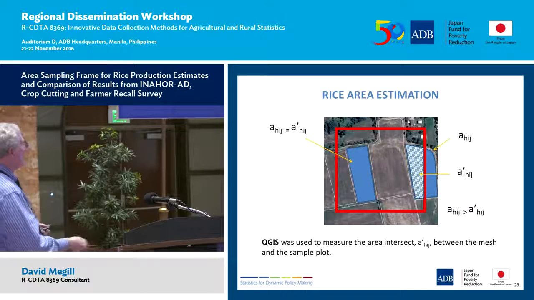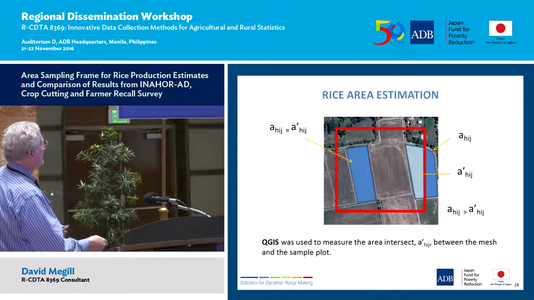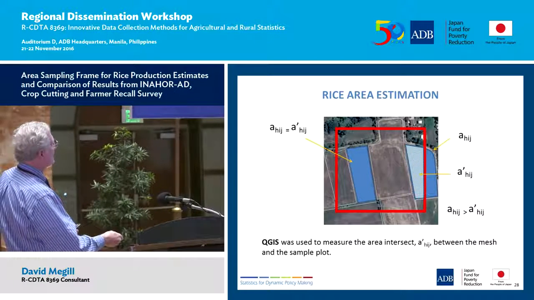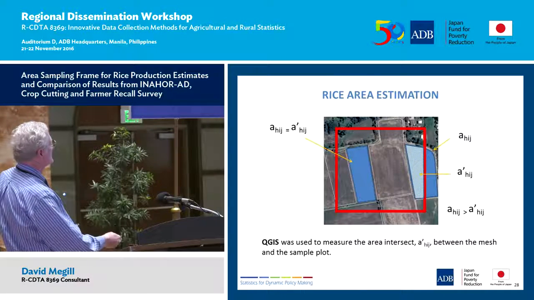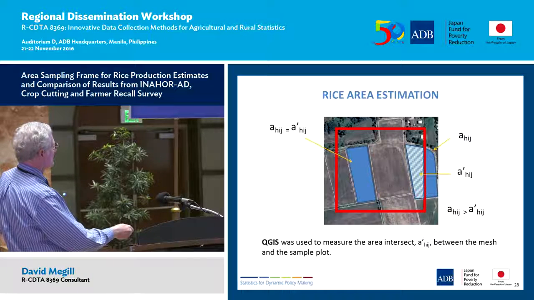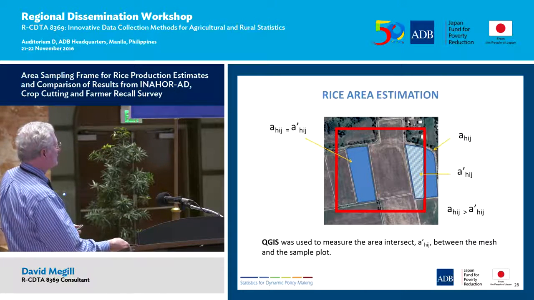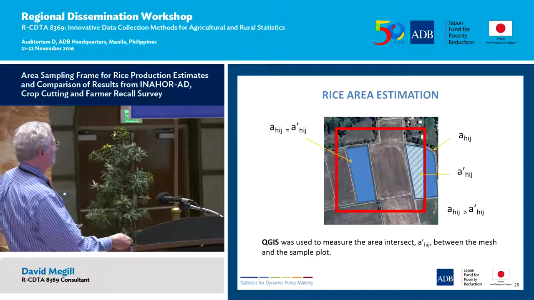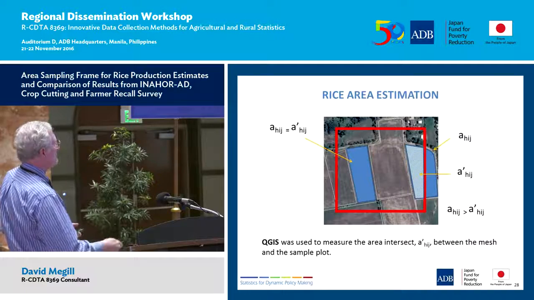Okay, and here's a good illustration of different situations that we would find. In this case, the entire area of the plot is inside the mesh. So in this case, 100% of the area is inside the mesh. So that factor was 1. In this case, part of the plot is inside the mesh, part of it is outside.